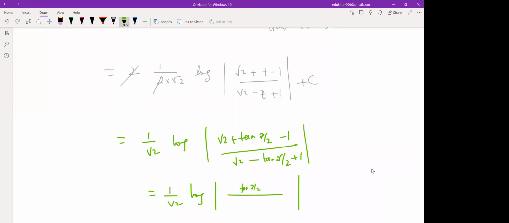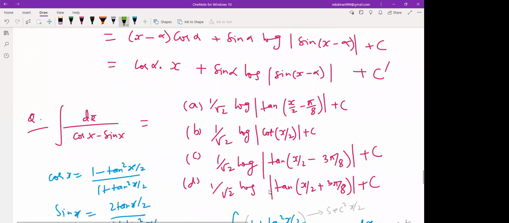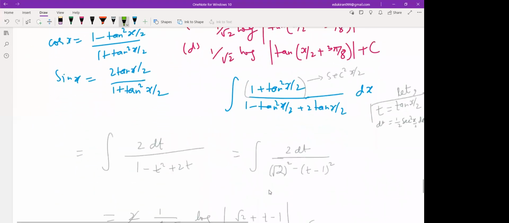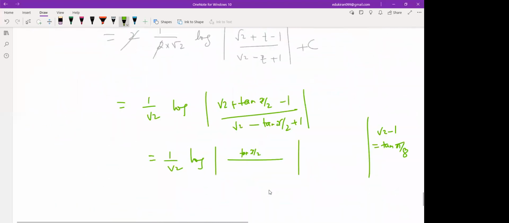And do you remember what is root 2 minus 1? Root 2 minus 1 is actually tan of pi by 8, at 22.5 degree. So you can write it as, and let us see the options also if it will help. Okay, so these are the options. So I think let us take another one, root 2 plus 1.